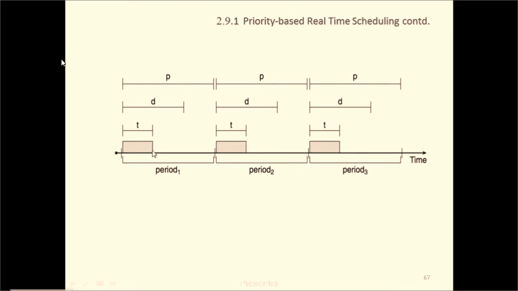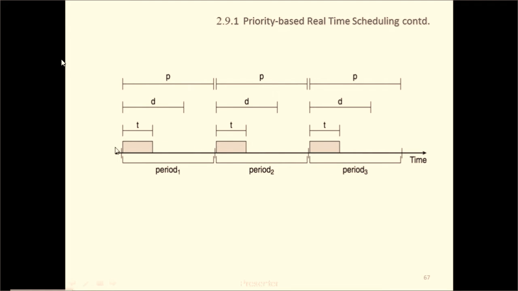It completes its task and goes out, and again comes back after a certain time period. This time period is fixed, which is indicated by P. So the process is coming back again and again demanding CPU time in particular periods. This is period 1, period 2, period 3, and it goes on like that.